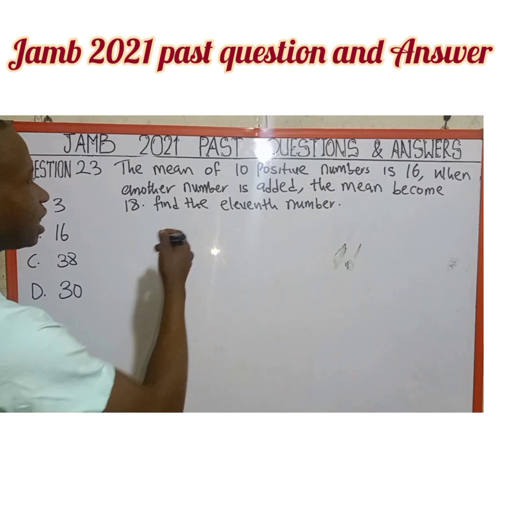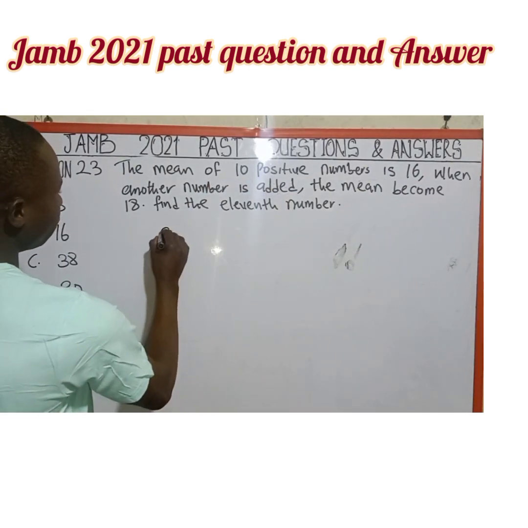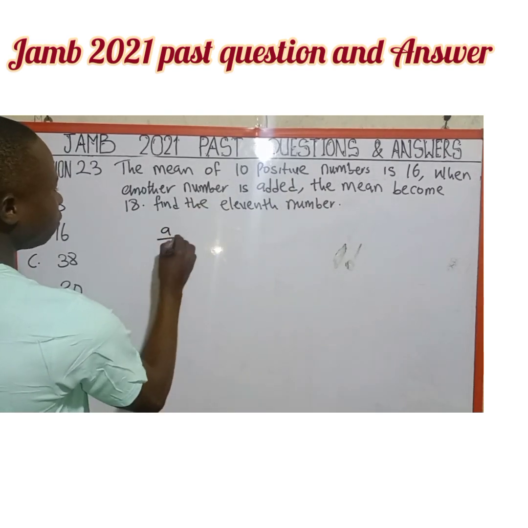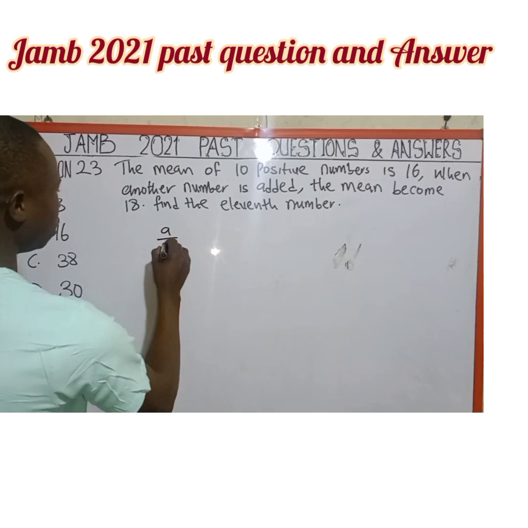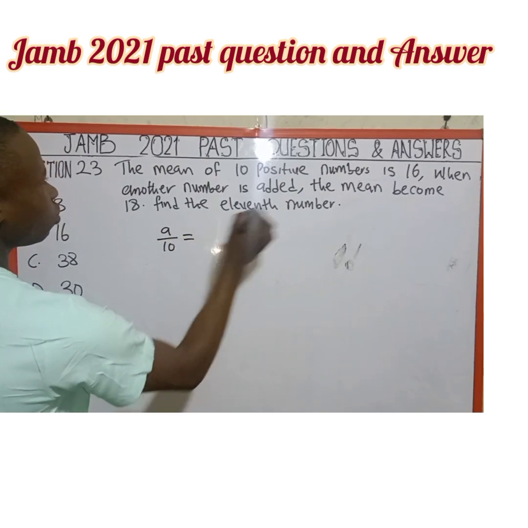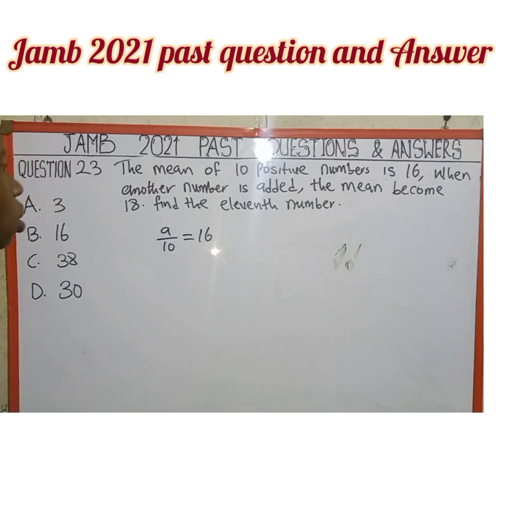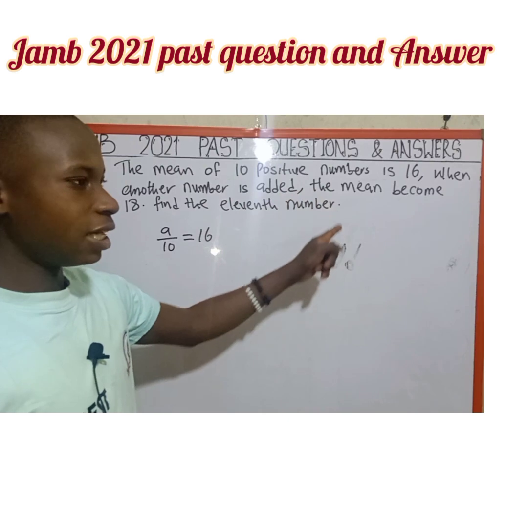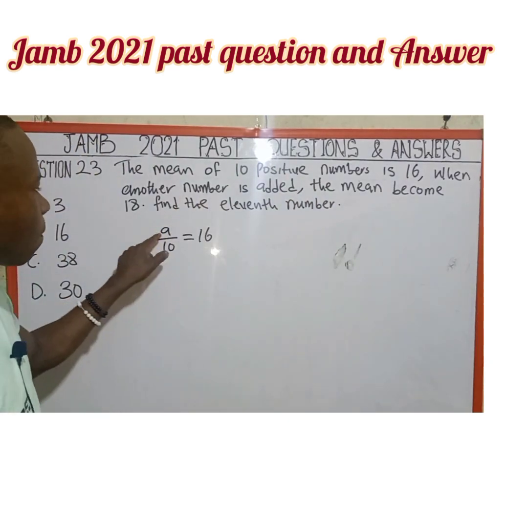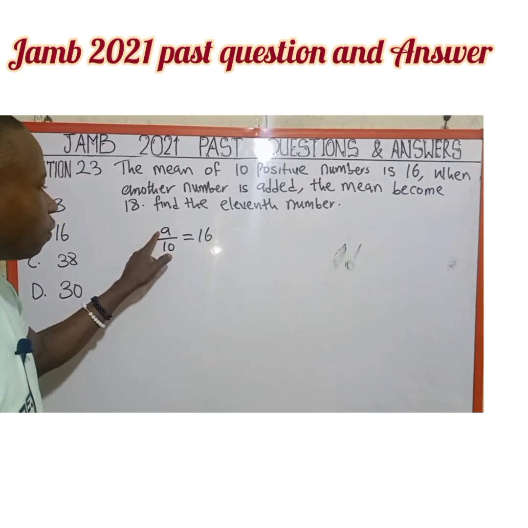So we can say let the sum of the numbers be represented by A. Then A divided by the number of terms, which is 10 positive numbers, is going to be 10, is equal to 16. So this is from the question. And the question went further to say when another number is added. So we are going to add another number to these 10 unknown positive numbers.